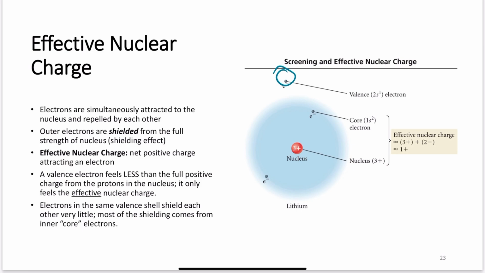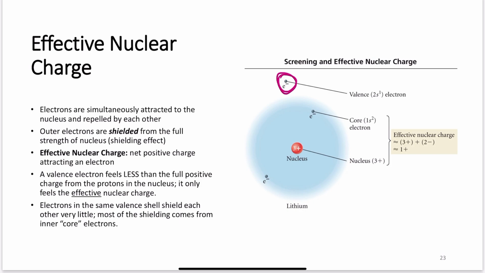The effective nuclear charge is just that net positive charge attracted to the electron. So how much is this electron actually feeling this pull, because this other electron is out of the way, pulling some of it away. The valence electrons are the electrons that are the farthest out from your nucleus. So for lithium, this is our valence electron.